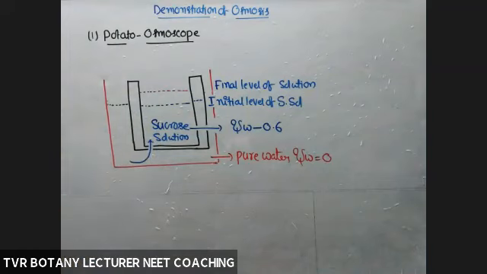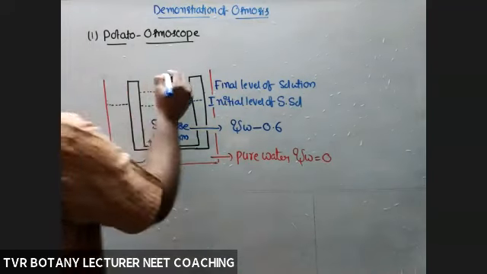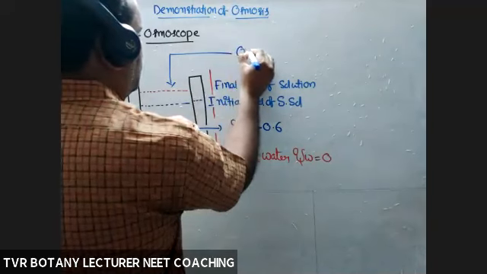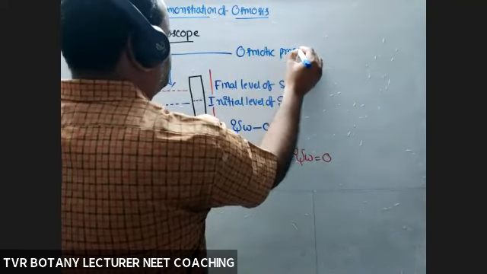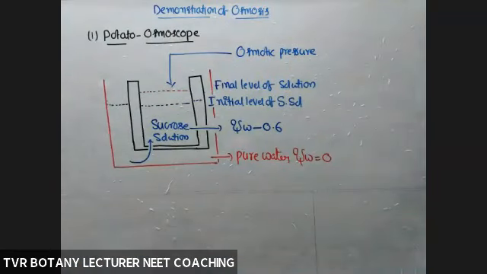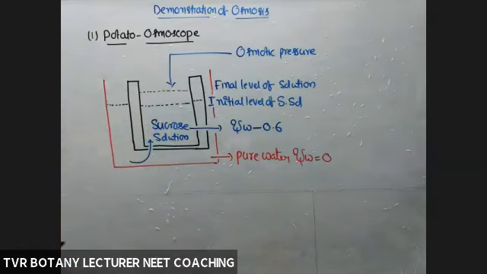Reason, in the sucrose solution, a pressure is created. What is that pressure? Osmotic pressure. Okay, so osmotic pressure means a positive hydrostatic pressure which is created within the sucrose solution due to the entry of water molecules.